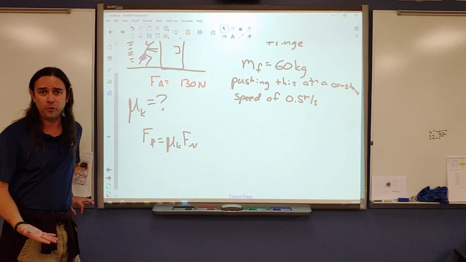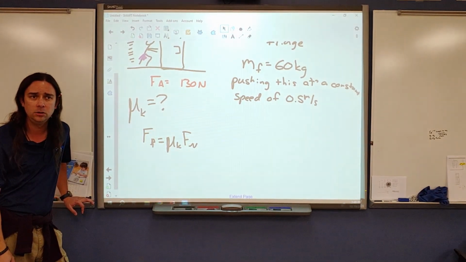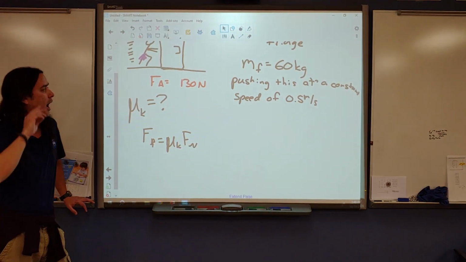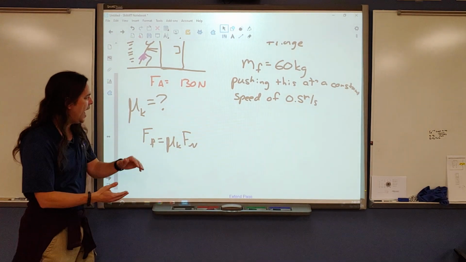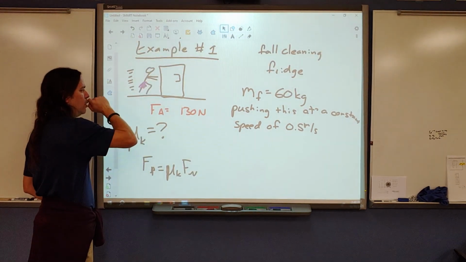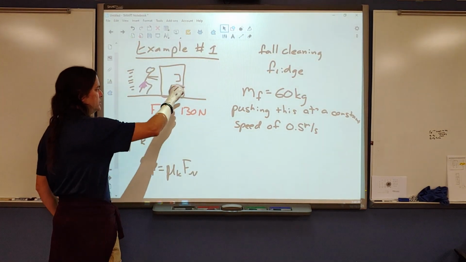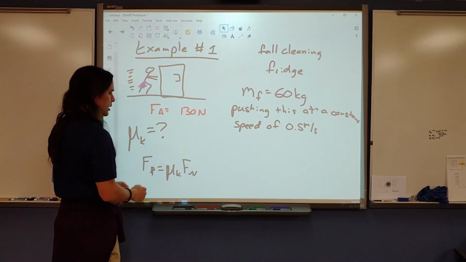I won't be able to solve for them. And on top of that, the normal force doesn't even have an equation at all. Oh, but wait. I was given a normal force. I wonder if that's the one in the problem. Is that how hard the surfaces are squished together? Am I pushing the fridge against the... Oh, no, I guess I'm not. I'm pushing to the side. That's a different force than what's squeezing the surfaces together.